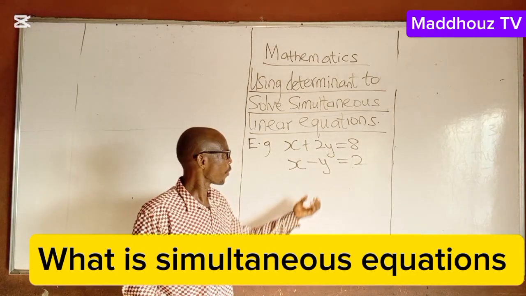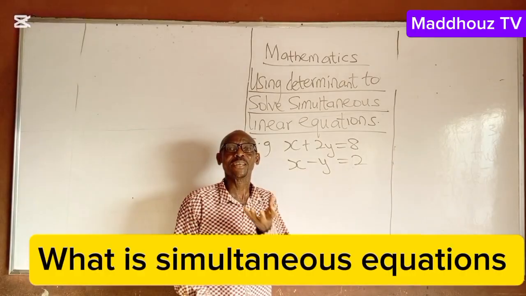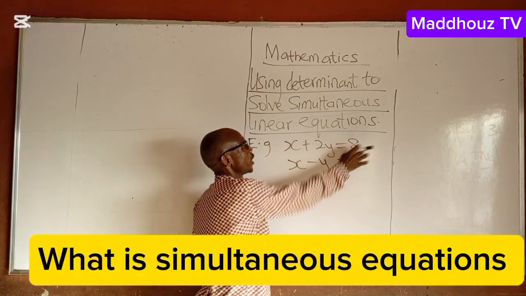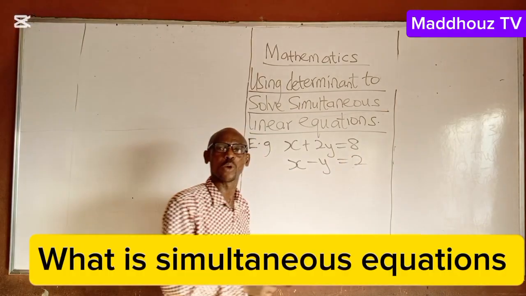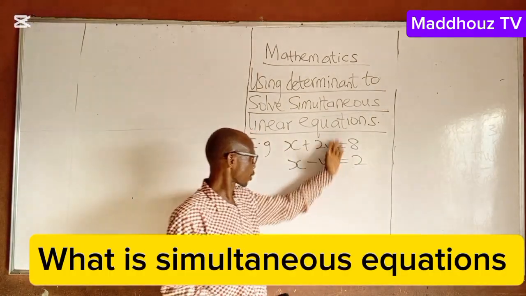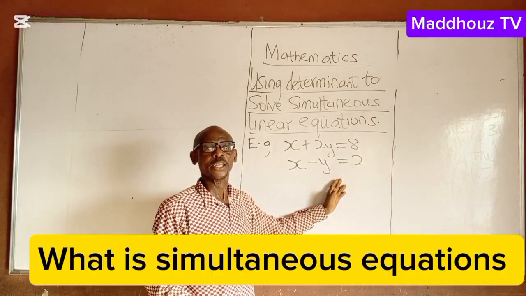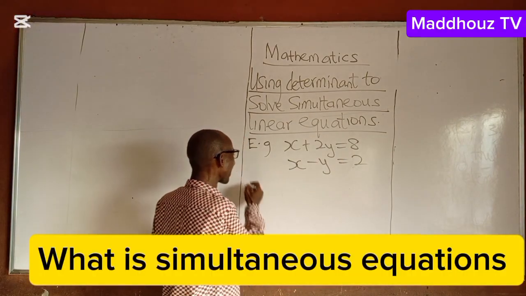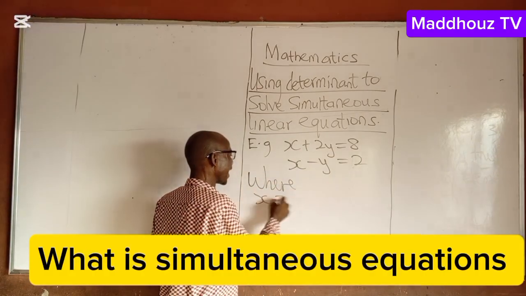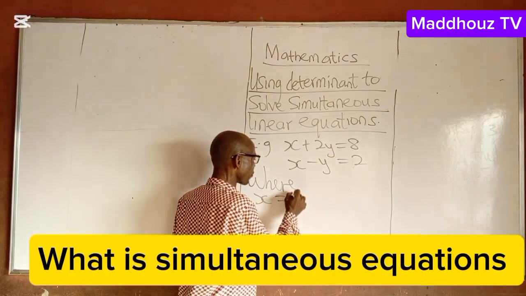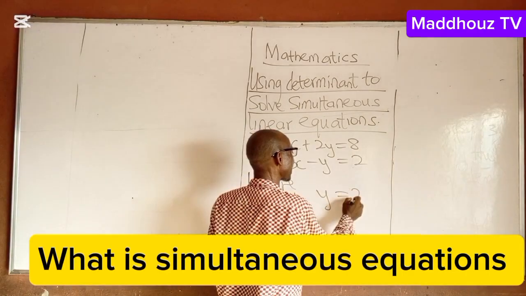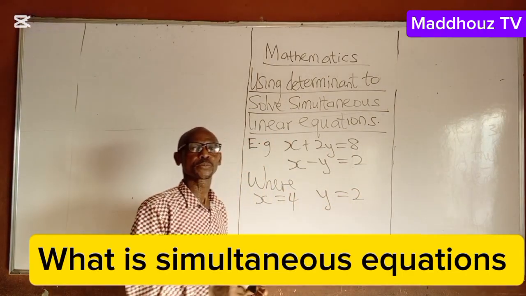For a simultaneous equation, when the values of y and x are placed in these equations, it will satisfy the equations. It will be correct when used. In this particular equation, the value of x has been determined to be equal to 4, and that of y has been determined to be equal to 2.